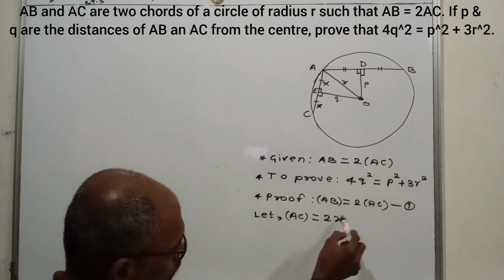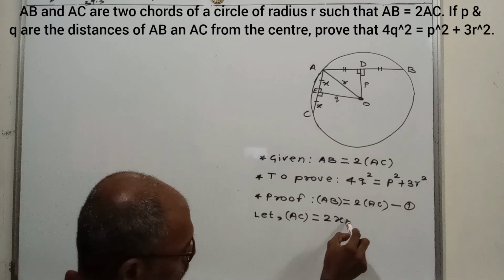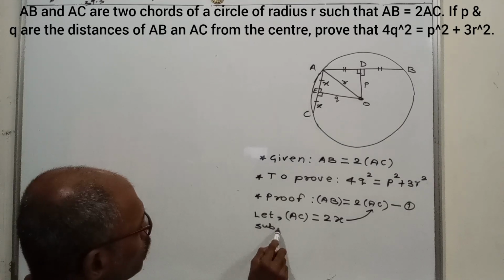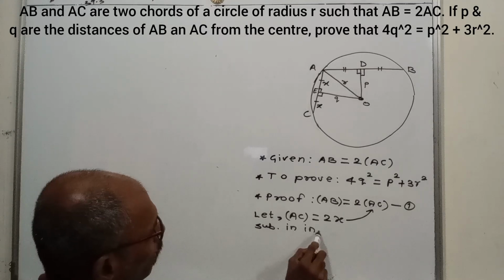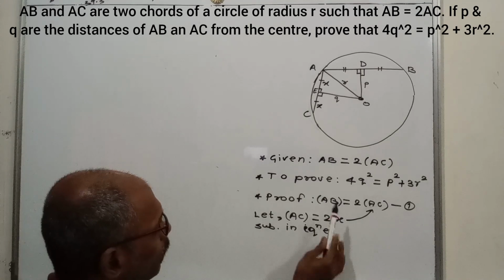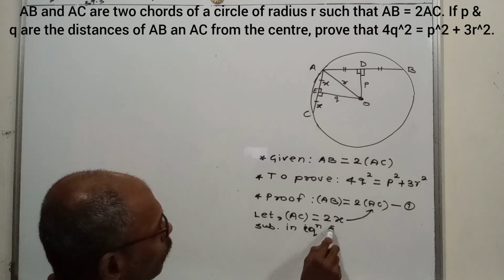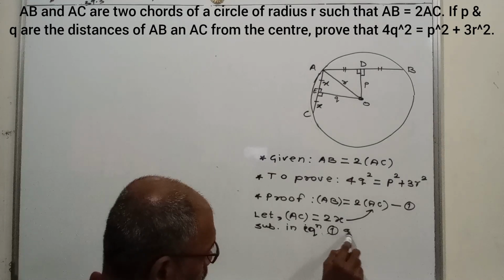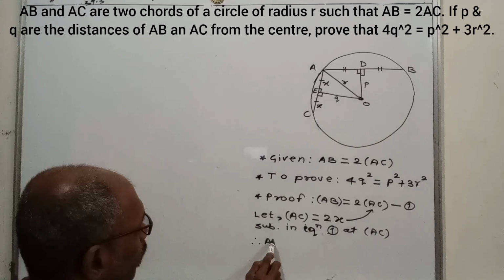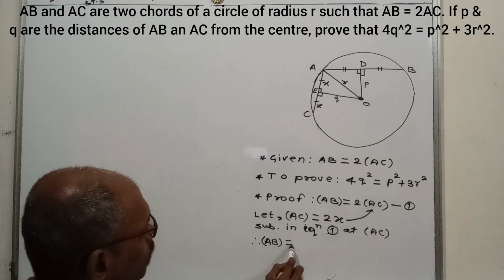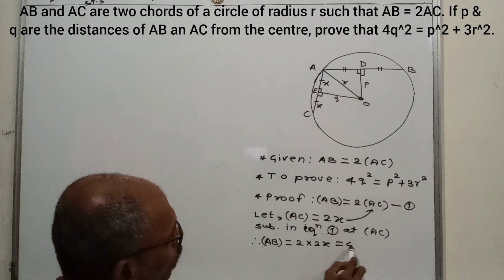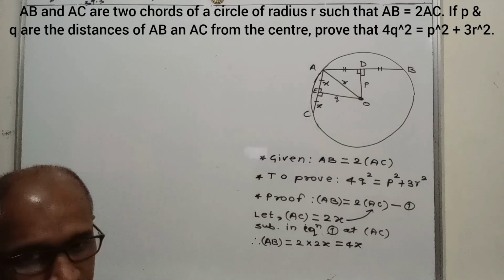Now we put this value AC is equal to 2x in equation 1. Therefore AB is equal to 2 into 2x, which is 4x.